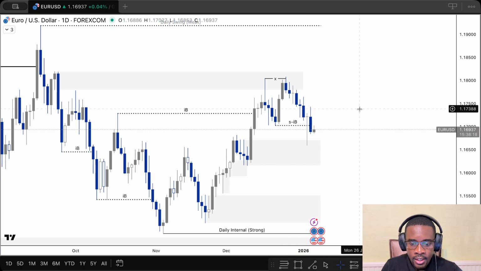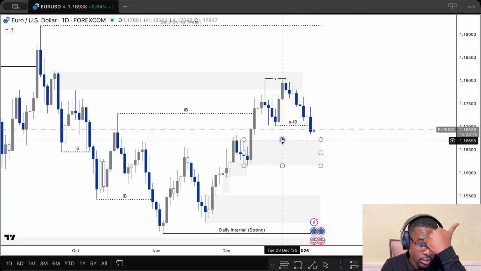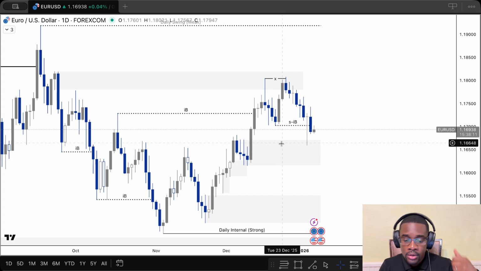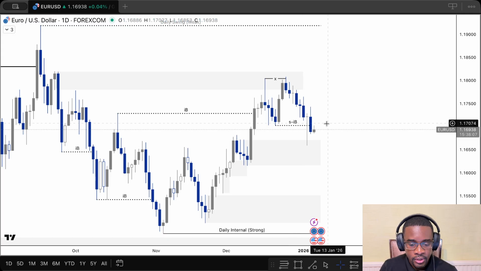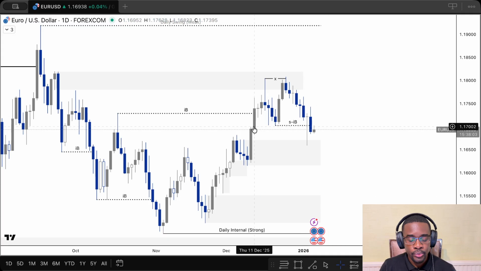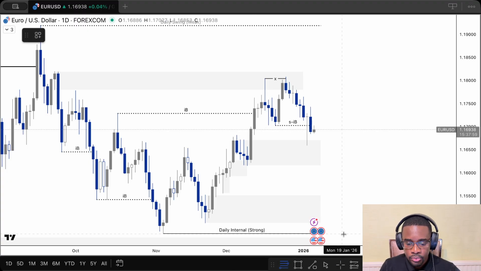We have a sub internal break of structure right there. So overall, we understand that we are bullish. This fractal break of structure is simply to facilitate the internal pullback.